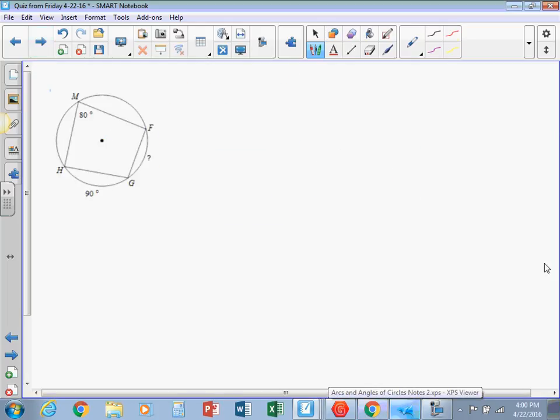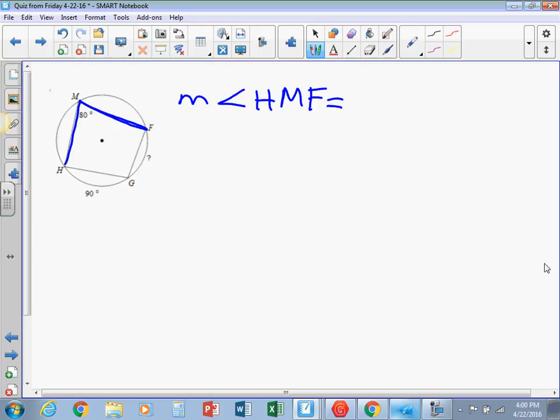this one. Again, guys, you have to pick out the things that aren't important. So I'm wanting to find this angle. I want to know the measure of angle HMF. Well, first of all, I have to figure out, is it a central angle or is it an inscribed angle?